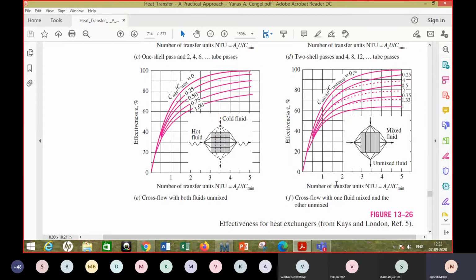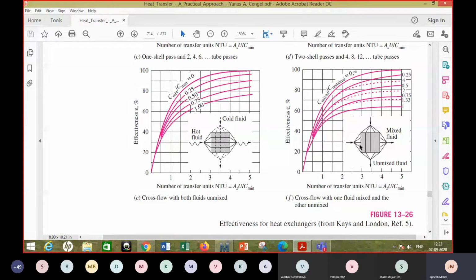So here you can see this F, cross flow with one fluid mixed and the other unmixed. So one of the fluids is mixed, that is, it is not flowing through channels, but it is able to mix across different parts. The fluid along the horizontal line is able to mix, right? There are no defined channels through which it must move.